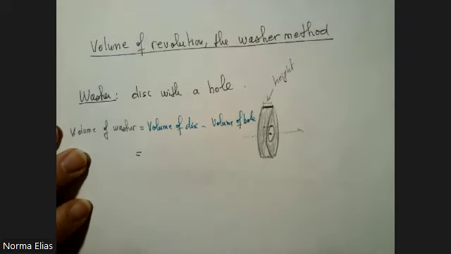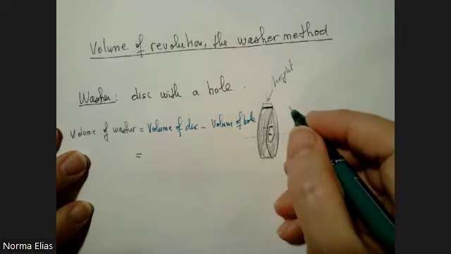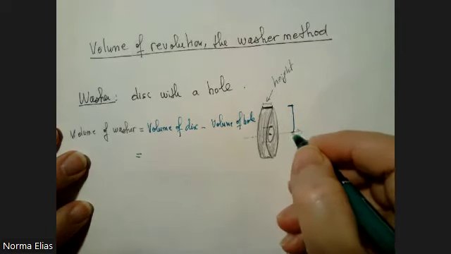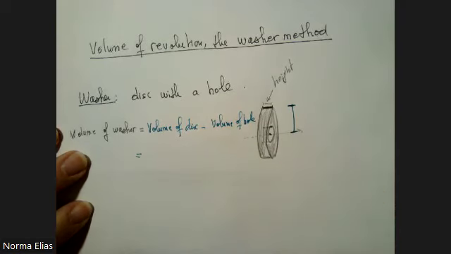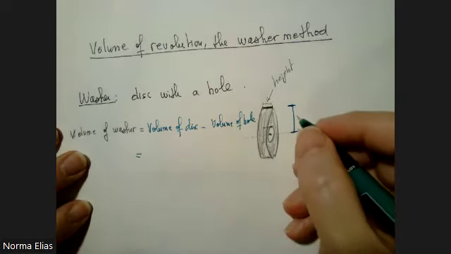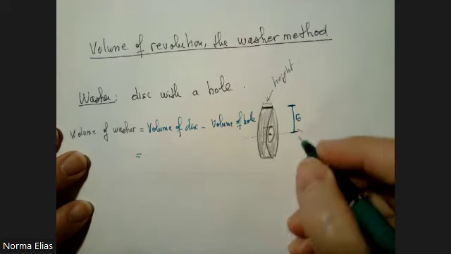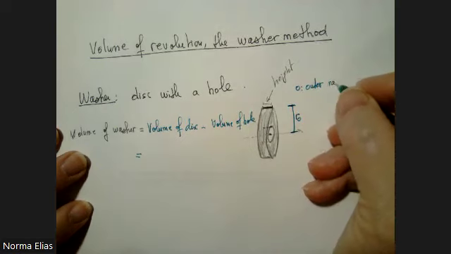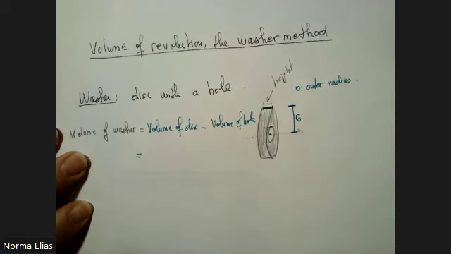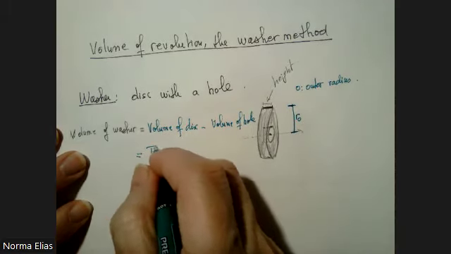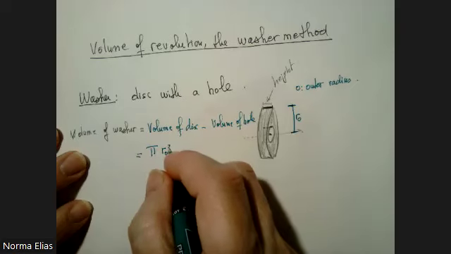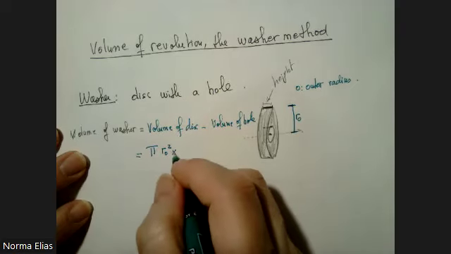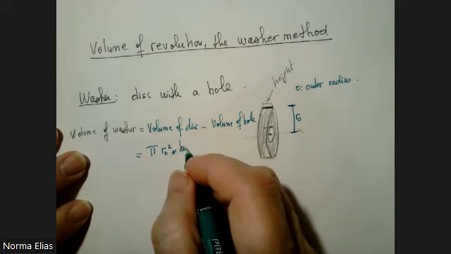To find the volume of the disk, we definitely need the radius of the disk. From here to here, that's the radius of the disk. So we are going to call this R0, and this stands for outer radius. So the volume of the disk is going to be pi times the outer radius squared times the height, which is going to be the delta x or the delta y.